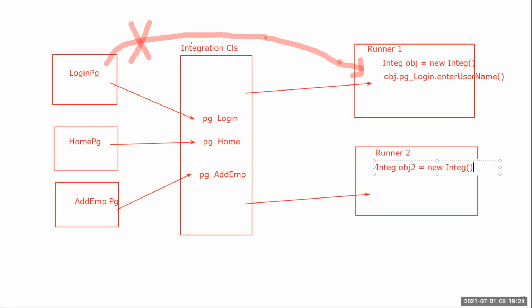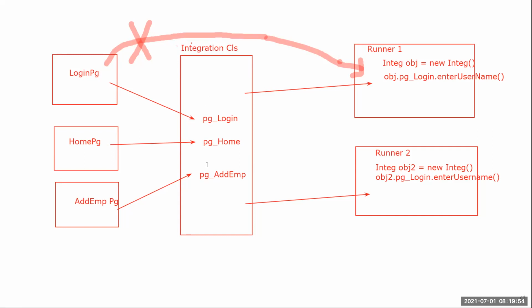This is all pseudo code, I'm just writing for you to understand. obj2 dot pg underscore login dot enter username. You see, though two different people are using it, there is no change in the page name pg underscore login, because this is coming from the integration class where we have already decided the names of the pages.